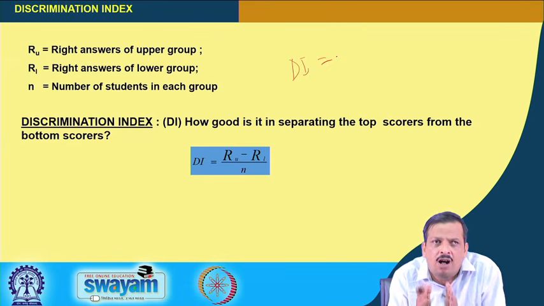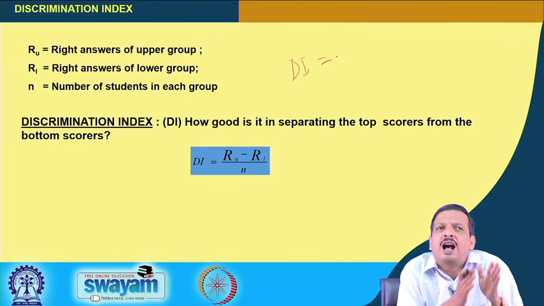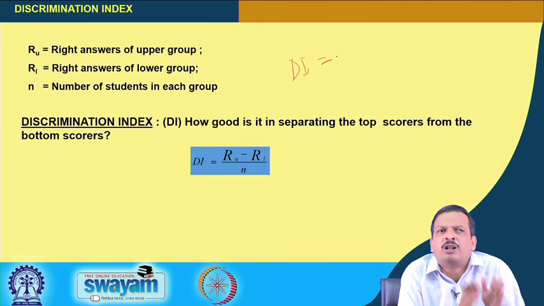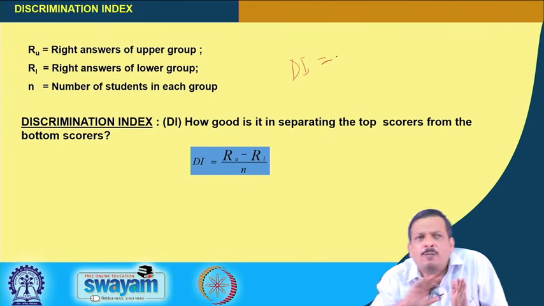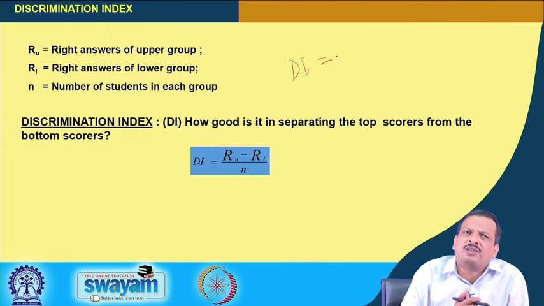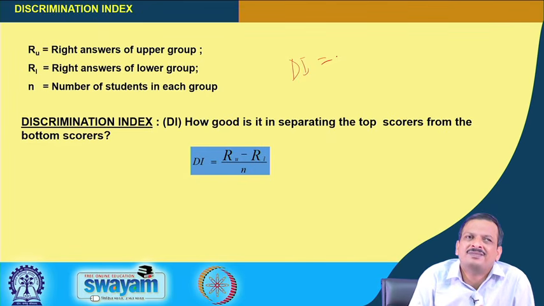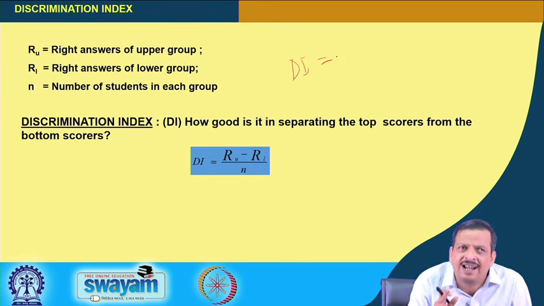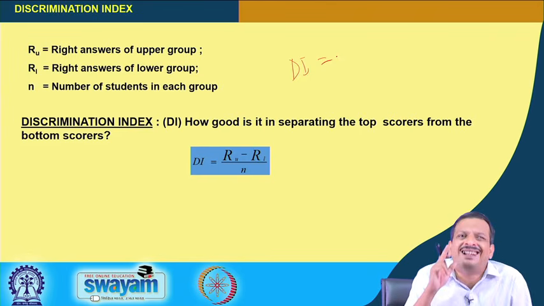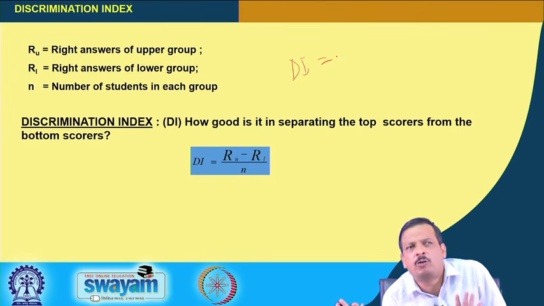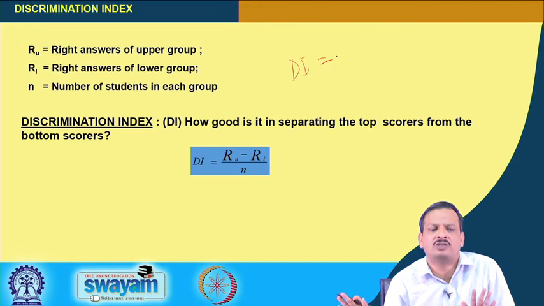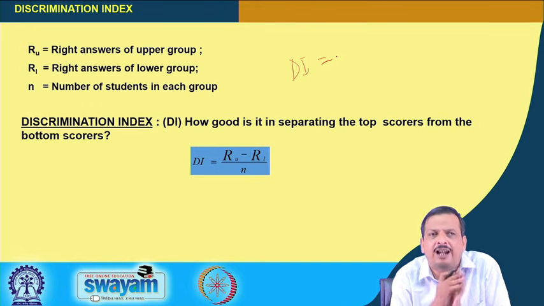So, it will be 1 when only the upper group, who are considered to be good students, are able to answer the questions and none of the lower group is able to answer the questions. So, DI will be 1 when only the upper group can answer the questions, and no lower group can answer.